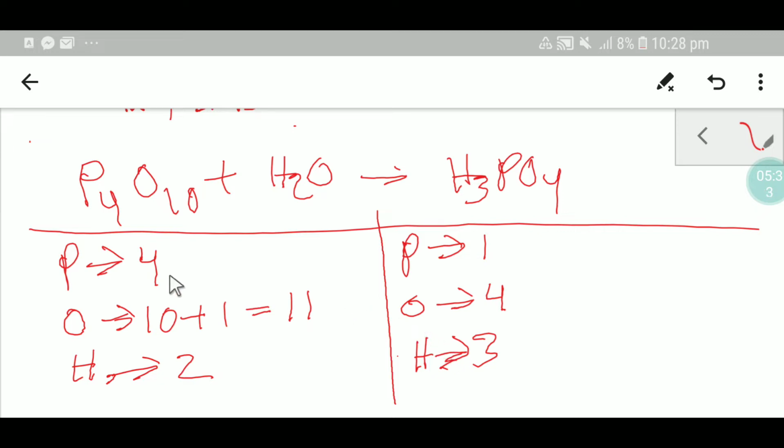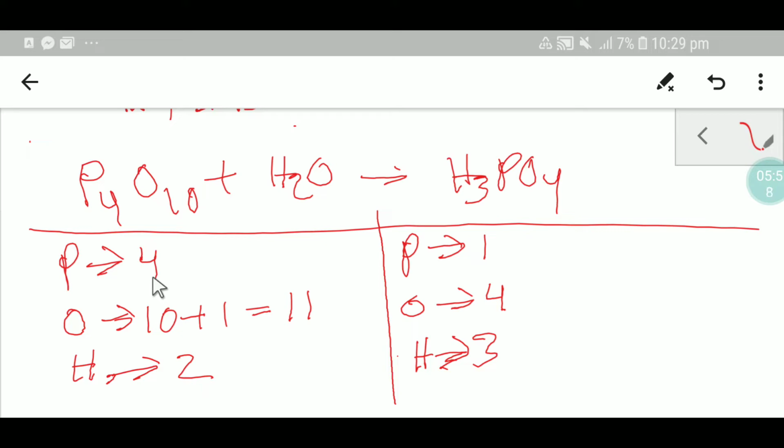So I can start with phosphorus because it will be easy, because phosphorus is contained in only one compound. But if you start with oxygen, then oxygen is contained in two compounds, and it will cause problems.